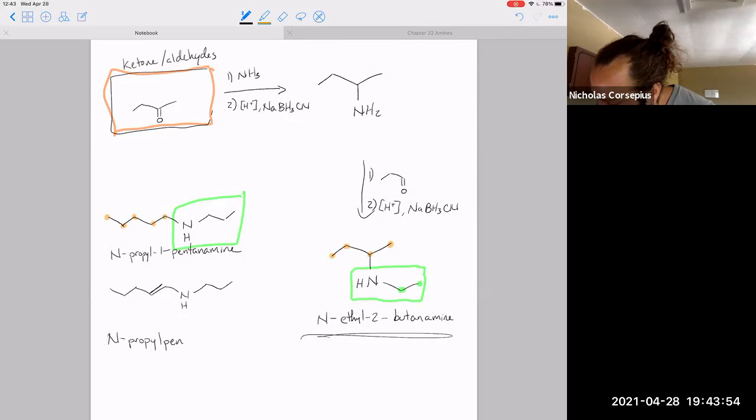So this would be pent, I guess it's just one ene, one amine. All right, because I'm going to start numbering from that carbon that contains the nitrogen.